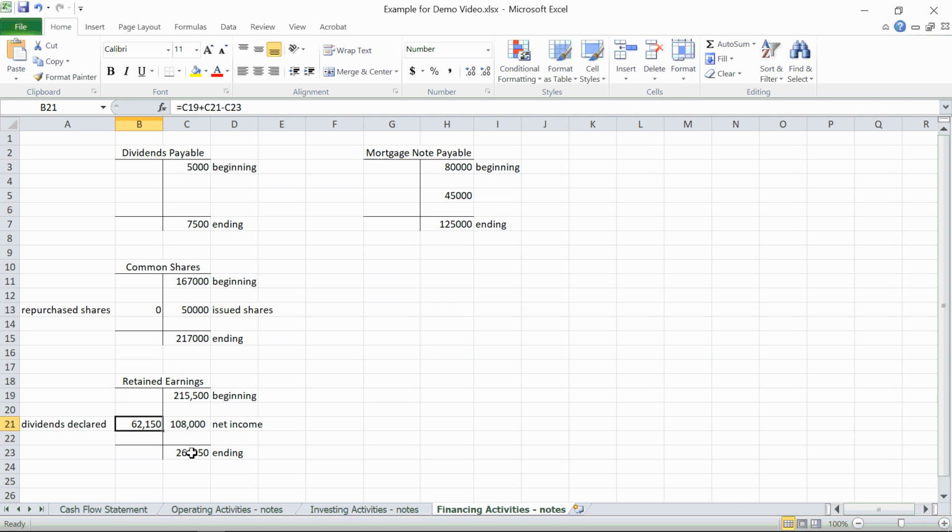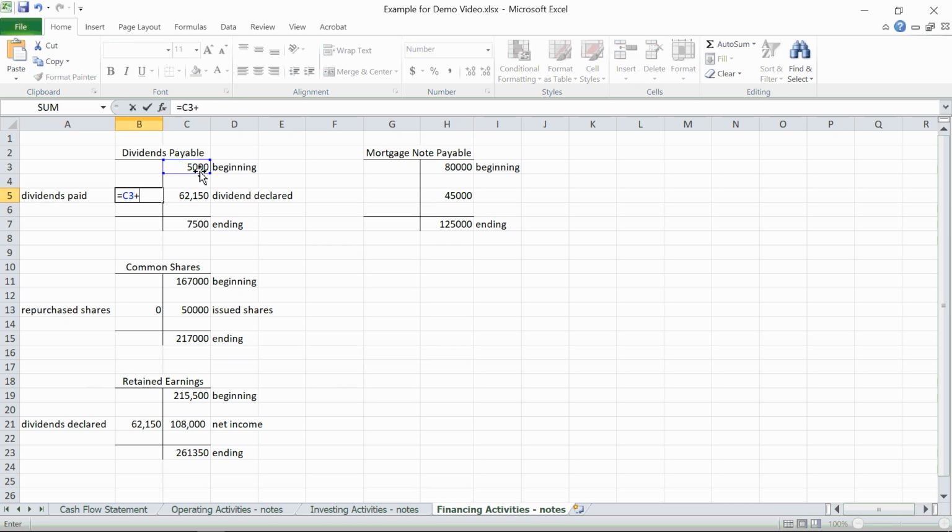And so the transaction for declaring dividends would be debit dividends declared, credit dividends payable. So this 62,150 would have been credited also to the dividends payable account. And clearly 5,000 plus 62,150 does not equal 7,500, so there have been debits to this account, and that amount would be the dividends that were actually paid during the year.